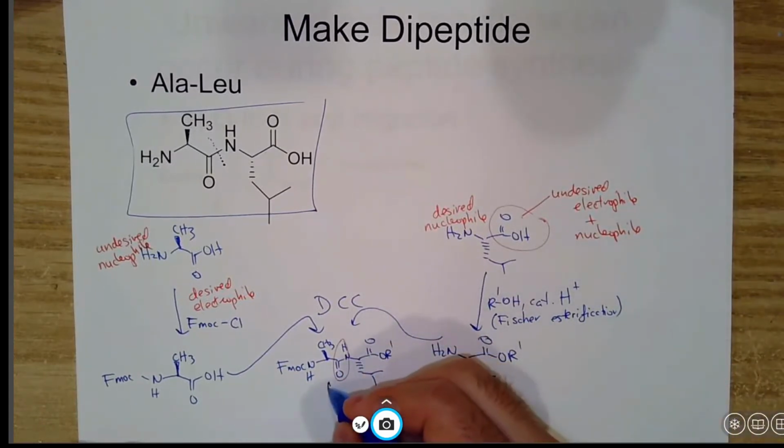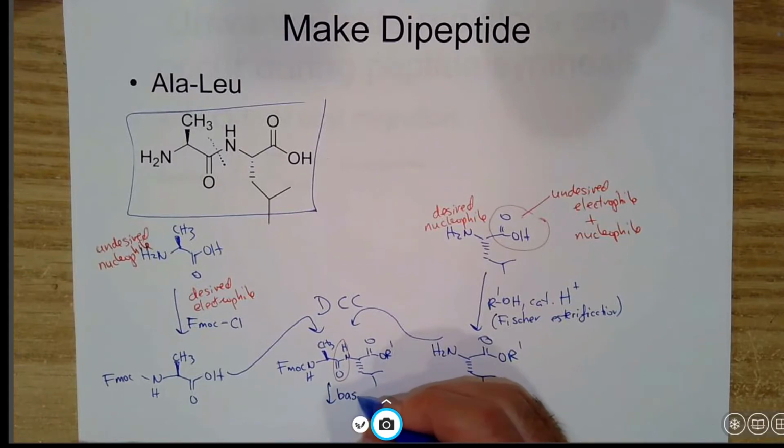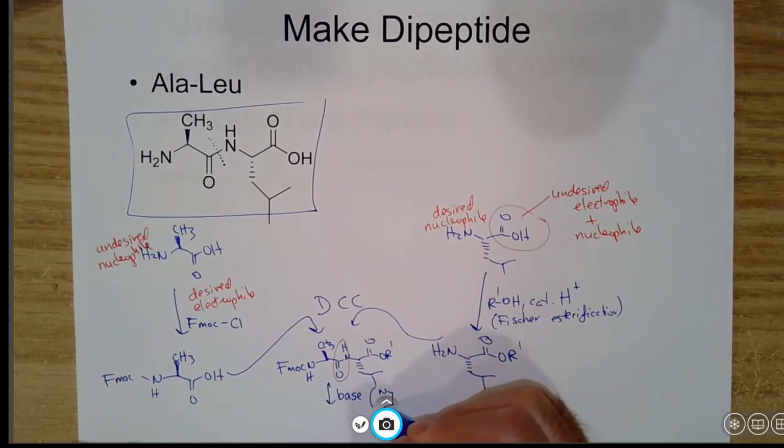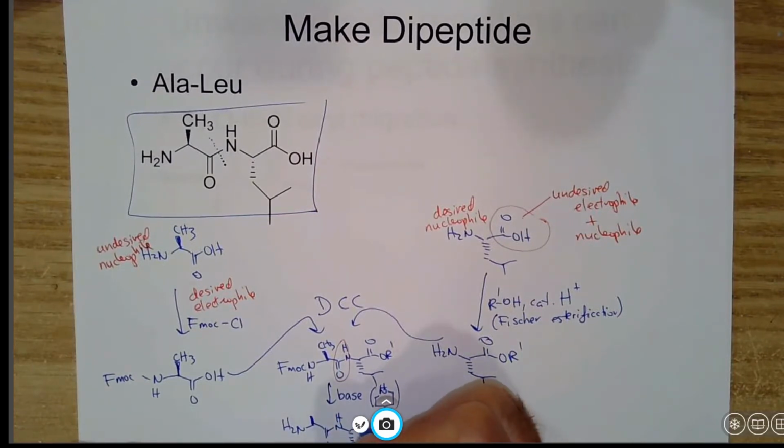And then the last thing we need to do now is remove those protecting groups. So we have to remove the Fmoc. I'll teach you how to do that soon. We're going to use a base. It's actually called piperidine. And that takes care of that. And the other thing we need to do is take care of that ester.